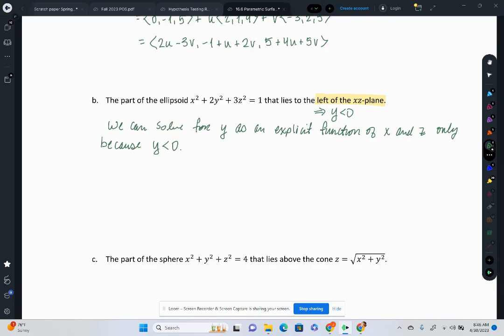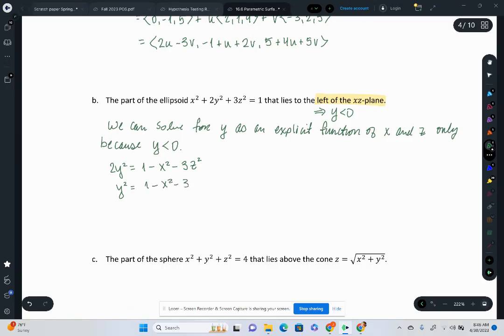So let's go ahead and solve for y in our equation. We have 2y squared is equal to 1 minus x squared minus 3z squared. So y squared is equal to (1 minus x squared minus 3z squared) over 2, which means that y is equal to the negative square root of 1/2 times (1 minus x squared minus 3z squared).